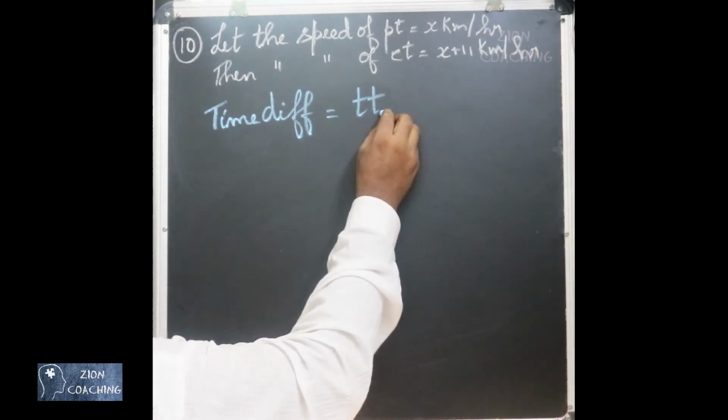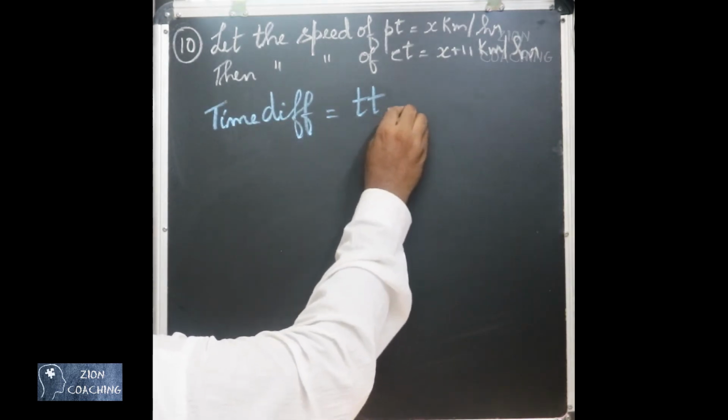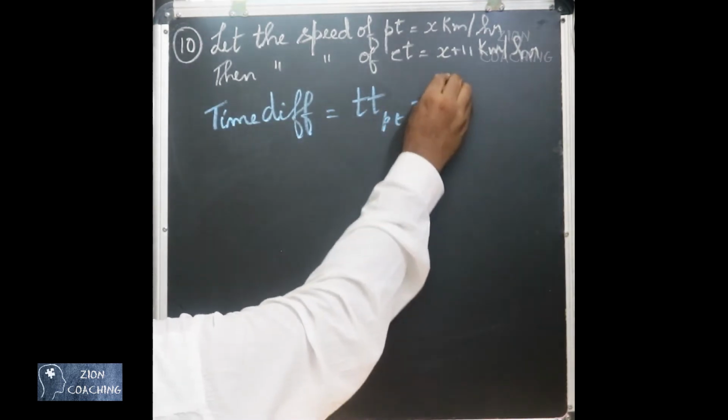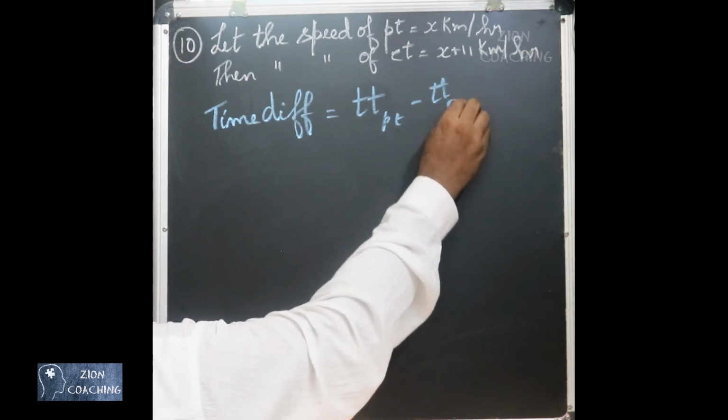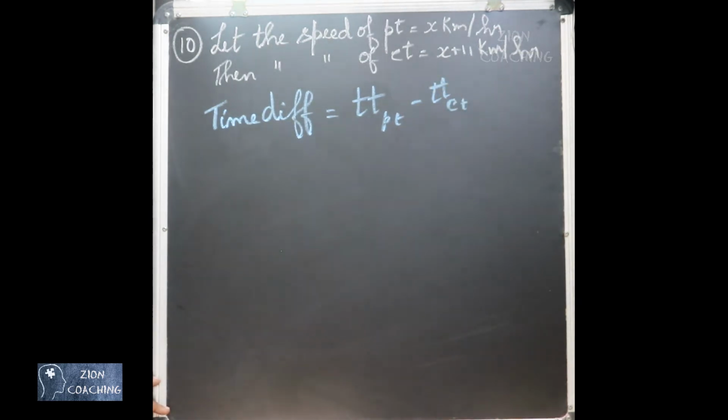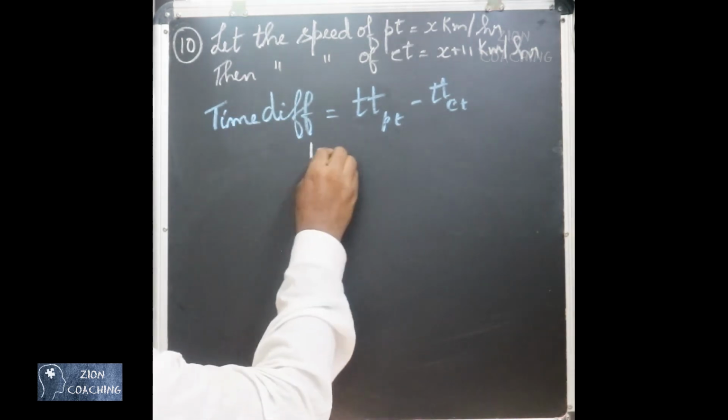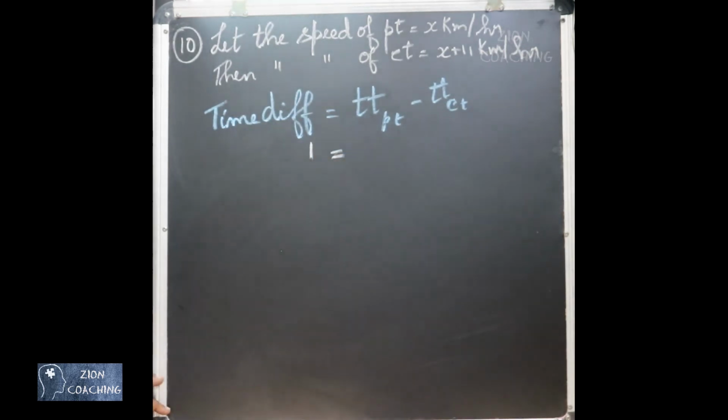So time taken by the passenger train minus the time taken by the express train. Now they have given that the time difference is 1 because the express train is reaching 1 hour before, that is it takes 1 hour less than the passenger train.